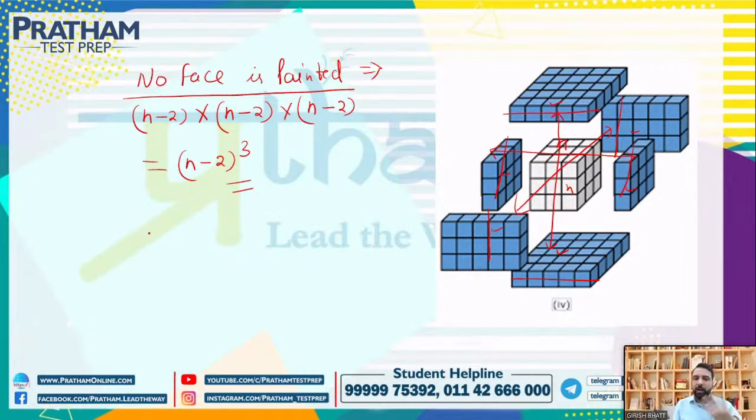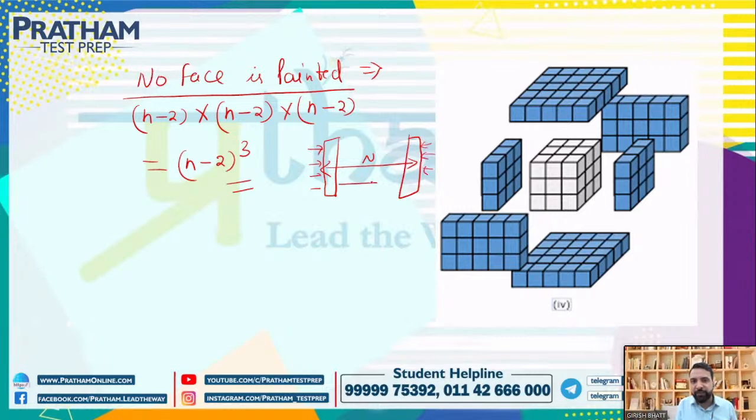Tell me quickly, are all these formulas clear to everyone? Where they are derived from, how they are derived, right? Got it? Tell me quickly. Got this point? What did we do? We reduced the length, height and similarly breadth. Yes, everyone clear? Length was n. One surface is removed from this side because all these cubes are painted, and one surface from this side because all these cubes are painted.